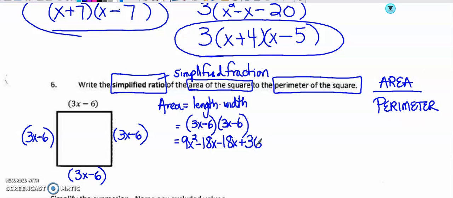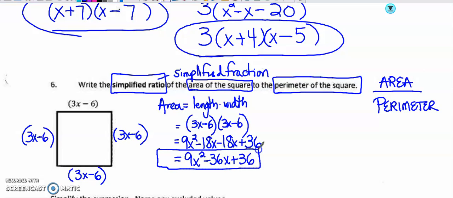Because recall, you're doing first, outside, inside, last. You add your like terms. You get 9x squared minus 36x plus 36. This is your answer for area.